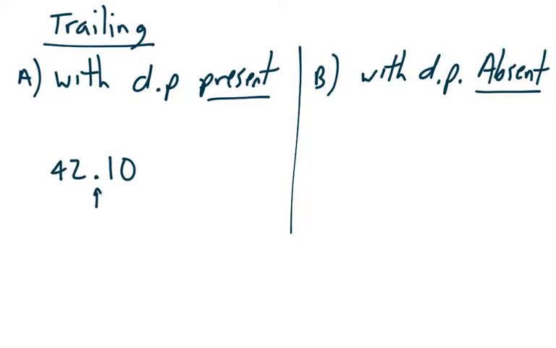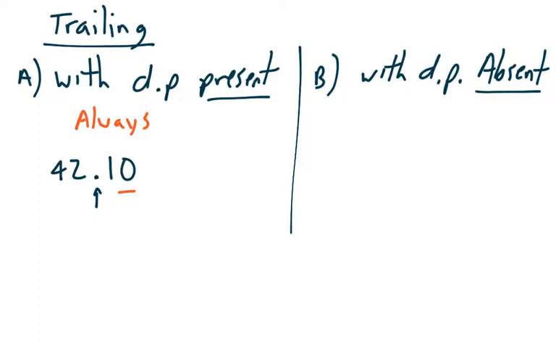Here's the rule. If you have a trailing zero, like this one right here, and there's a decimal point present, the rule is they are always significant. Think about it. Do I really have to write that zero there? The answer is no. 42.1 and 42.10 have the same exact value, yet the zero's written there for a reason, and I'm going to tell you what that reason is.